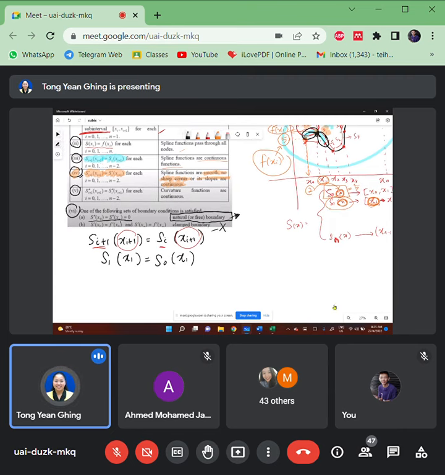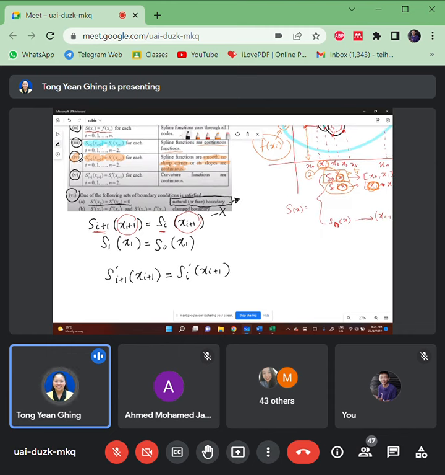I write this again here because that is very small. So for this one is S prime i plus 1 for x i plus 1 has to be equal with the S prime i for x i plus 1.